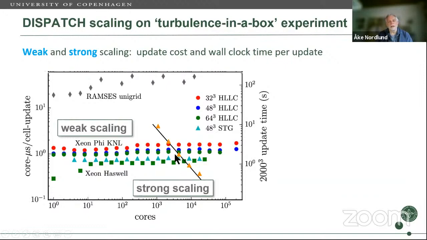Strong scaling indicates that if you have a variable number of resources, for example, if somebody gives you 100 million CPU hours, you're actually able to run it in the allocated time. So it's important that it's able to scale with the number of cores on a fixed size problem.